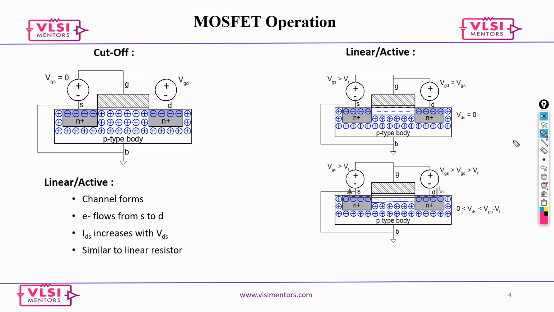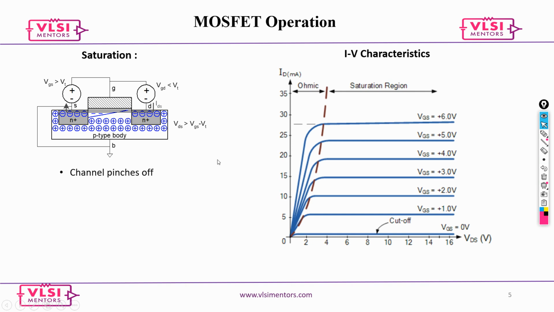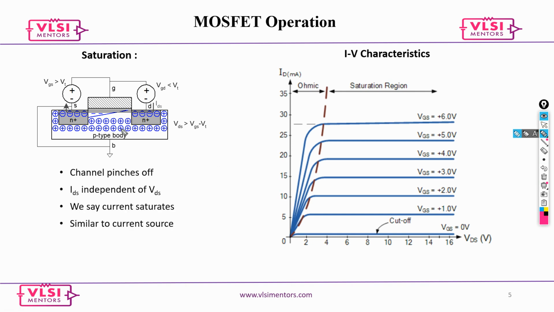The next one is basically your saturation. What is the meaning of saturation? The channel gets pinched off the moment this condition is satisfied. What this means is your current is constant, irrespective of your drain voltage.